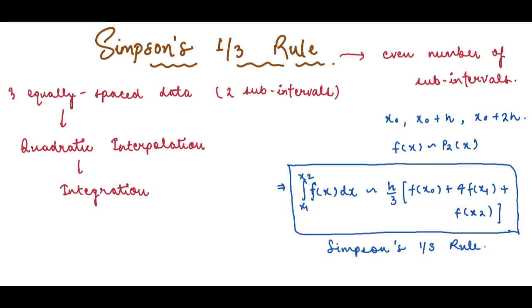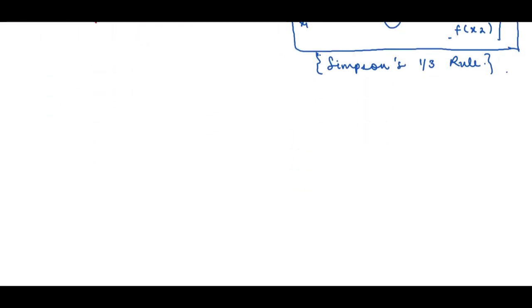Now notice the coefficients 1, 4, 1. This pattern is extremely important. Whenever you see Simpson's one-third rule, remember there will be this 1, 4, 1 with the factor h by 3. Now let's write the formula clearly.